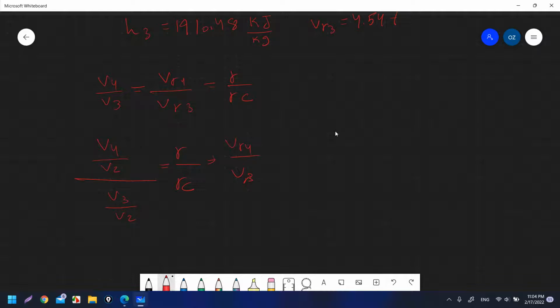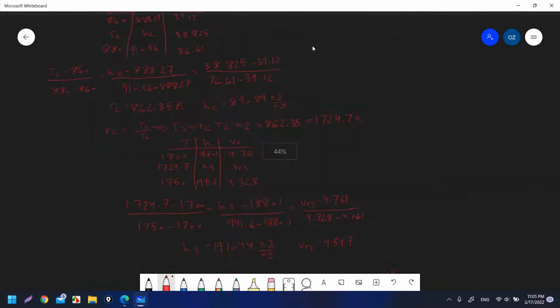So VR4 will equal VR3 times the ratio between the compression ratio R over the cutoff ratio RC. So VR4 is equal to 4.547 times 16 over 2, and then VR4 is equal to 36.376.